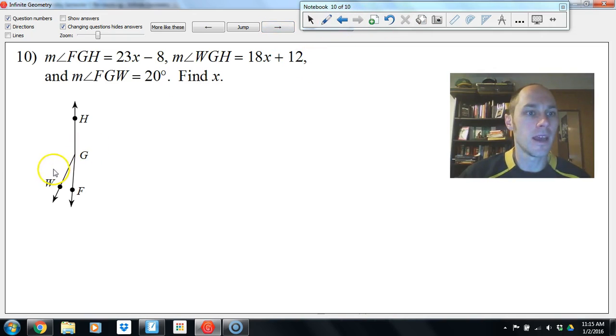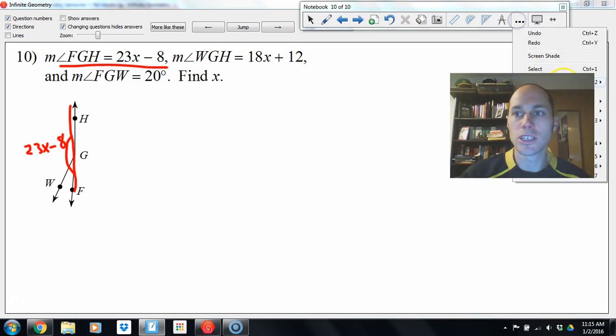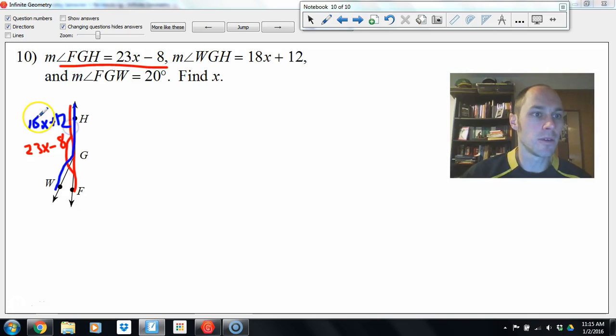Next problem. The measure of FGH is 23x minus 8. And WGH is 18x plus 12. And then FGW is 20.